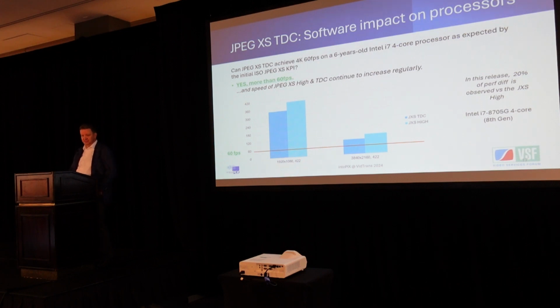We're quite a few generations after that now, but on a Gen 8 i7, yes, we can still achieve 4K 60. And there is an impact. There's more processing going on there, so there's a little bit of performance difference, about 20% high versus TDC. So TDC is about 20% lower.